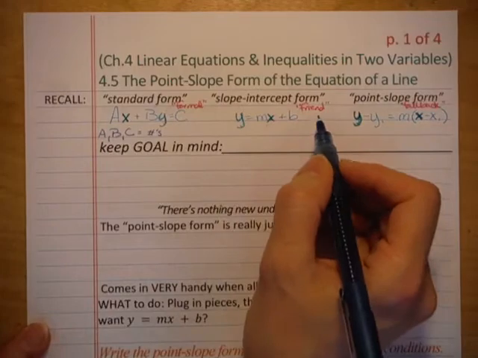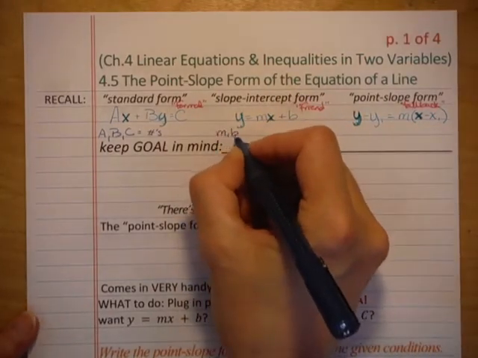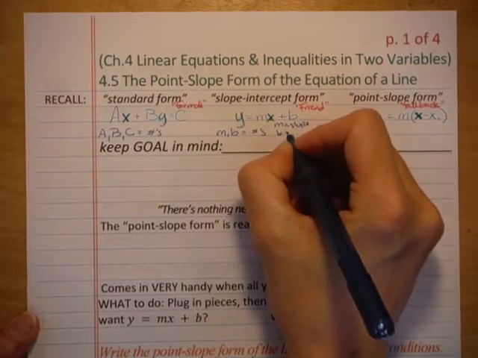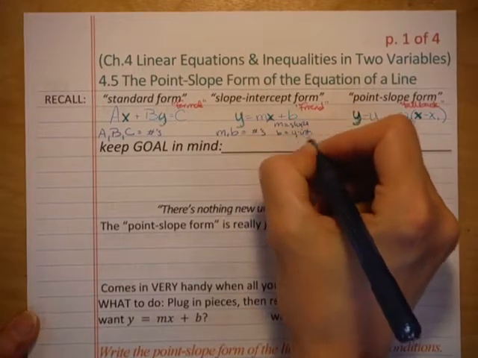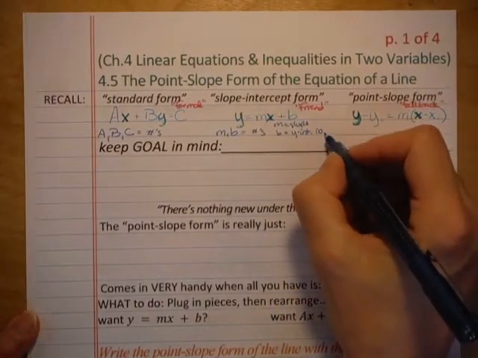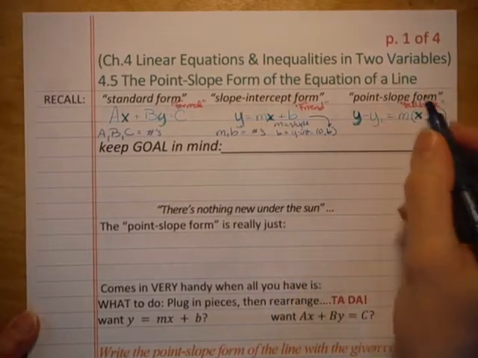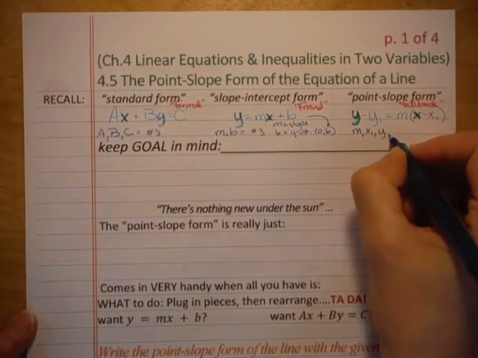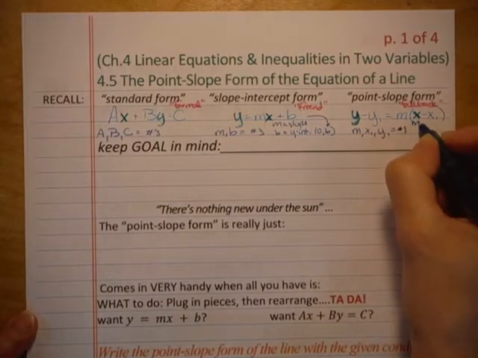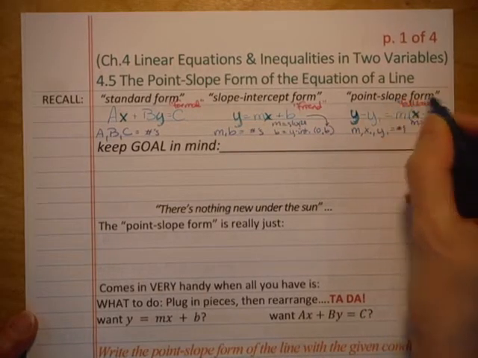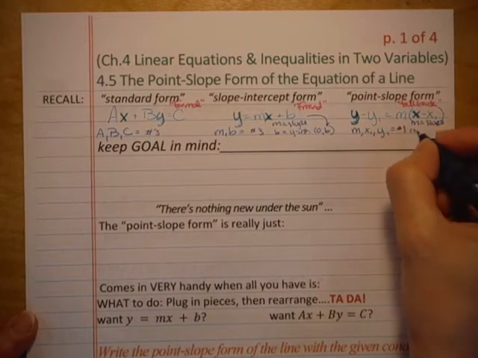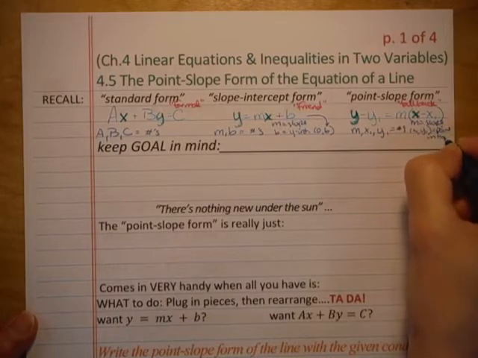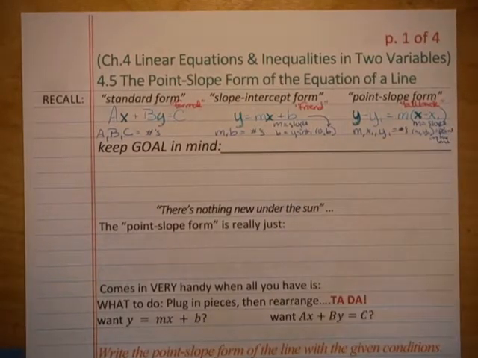In the friend form, the m and the b are numbers. In fact, they are our slope and our y-intercept, the y-coordinate of the y-intercept, 0, b. And over here, m, x1, and y1 are numbers, where again, m is the slope, hence the name point slope form, and x1, comma y1 is a point on the line. Any old point on the line.